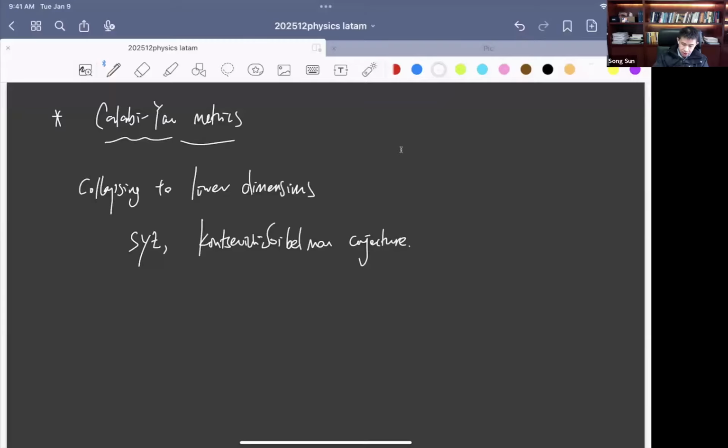But also in algebraic geometry, there's the so-called abundance conjecture.